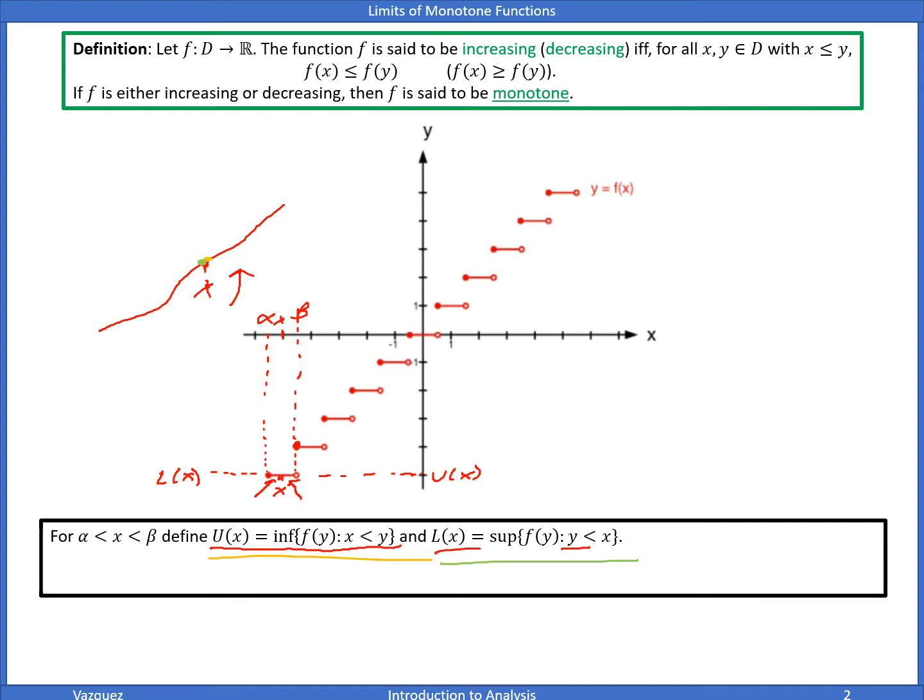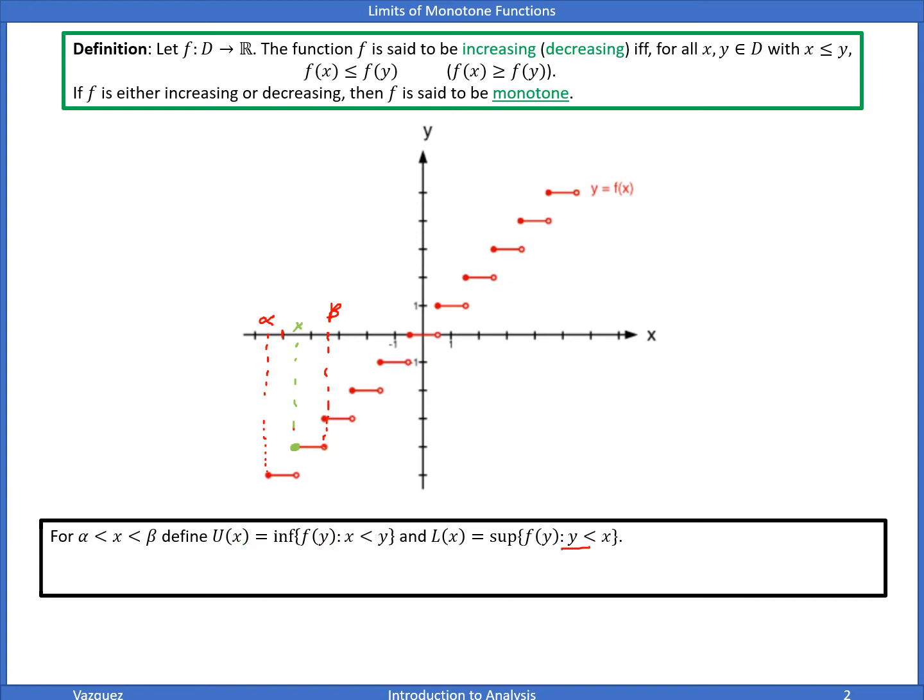But what if we extend it, for example, down here? What if we extended this like, give me a second to erase here. What if x was this point here in green? x is this, and beta is this point, this is alpha.